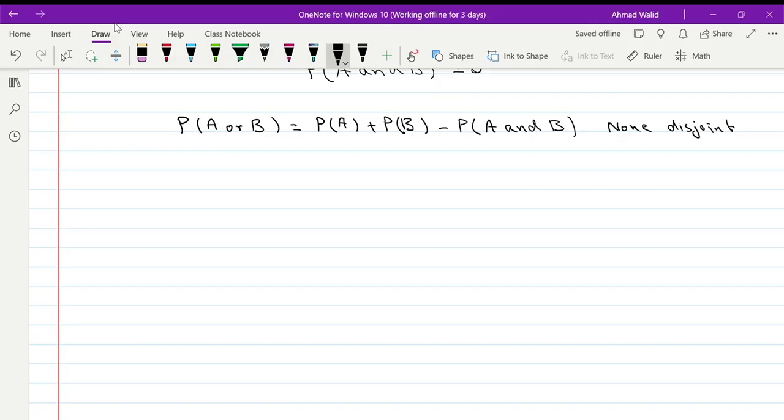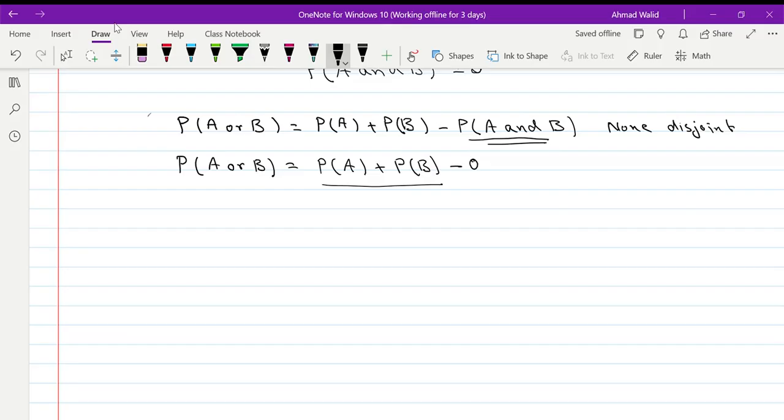If your event is disjoint, then you can even use this. Probability of A or B equals probability of A plus probability of B minus, for disjoint, as I told you, this part becomes 0. It means you can only use this. I never want to give you two different formulas, like use this one for disjoint, use this one for non-disjoint. Only focus on this.